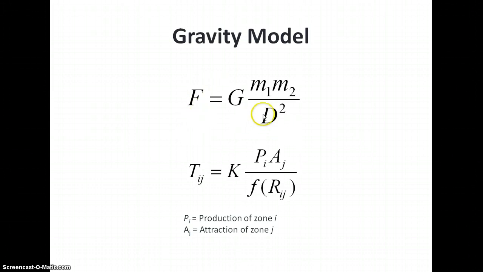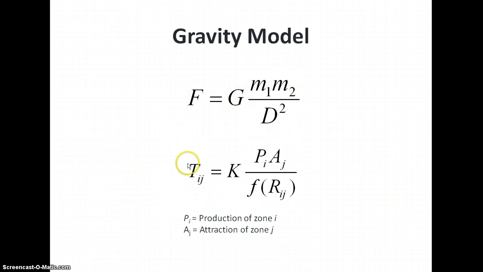This is the gravity model. M1, M2: this is the mass of body 1 and mass of body 2, multiplied together, divided by distance squared, multiplied by this parameter. You get the force between body 1 and body 2.